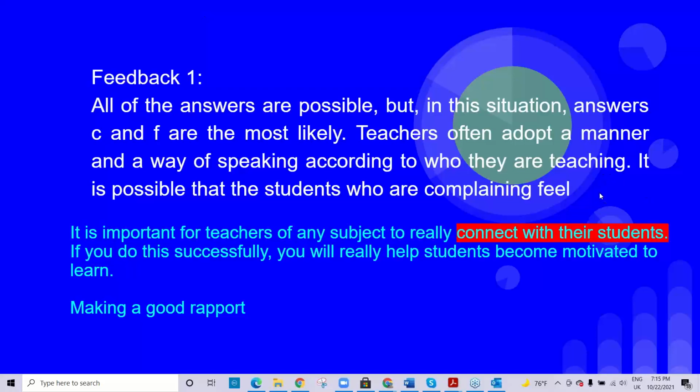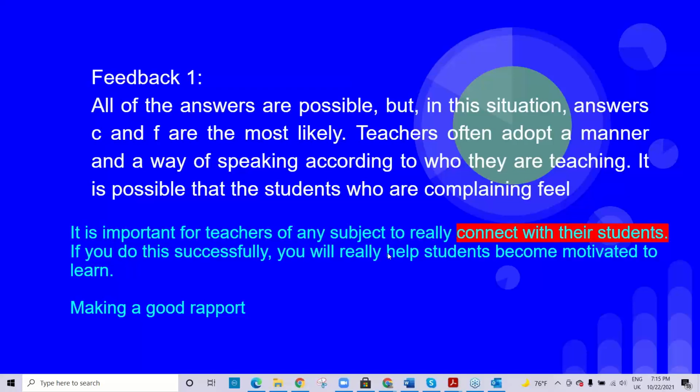So all of the answers are possible, but in her situation, answers C and F are the most likely. Sometimes teachers adopt a manner and a way of speaking according to who they are teaching.